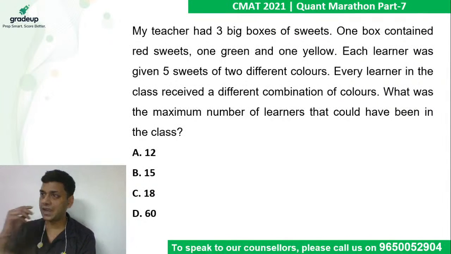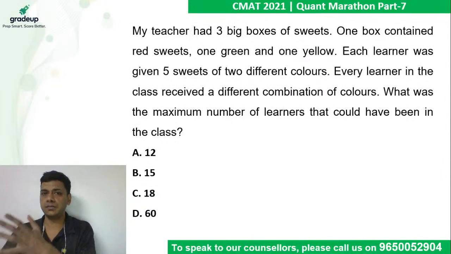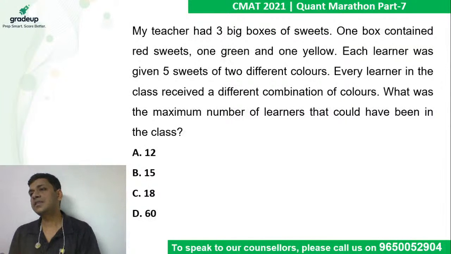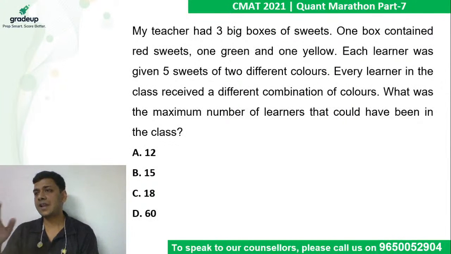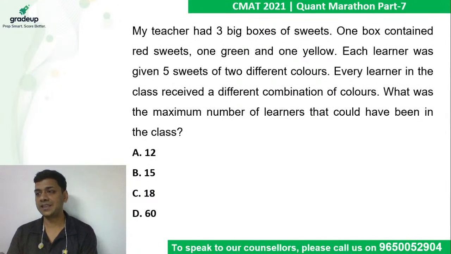These are to be distributed among different learners in such a way that everyone should get 5 sweets and everyone should get a different combination. How many ways is it possible?